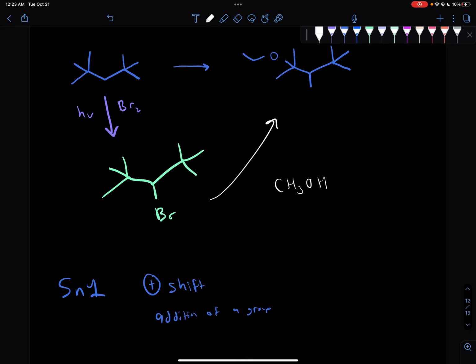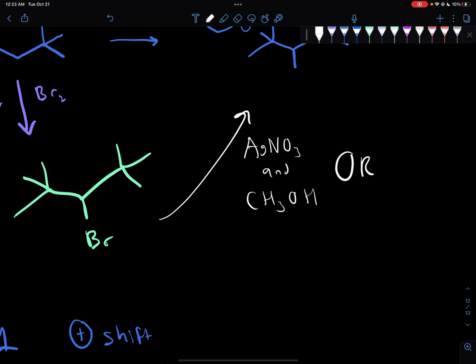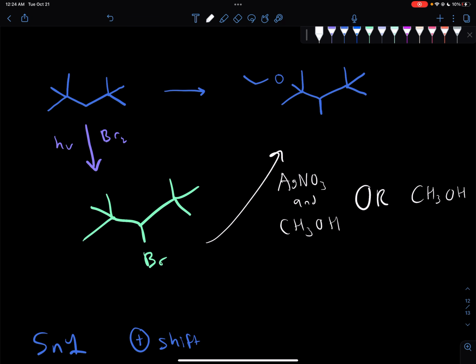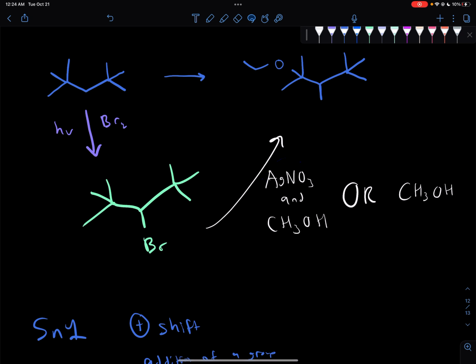But I'm bringing up AgNO3 because if you ever see this, just know it makes our leaving group leave. So if you did AgNO3 and CH3OH or just CH3OH, you would get the same thing. I think this is one of those things that experimentally allows the reaction to happen better or something. I don't know. But yeah, this is what you do.